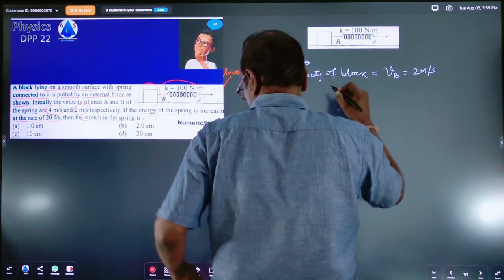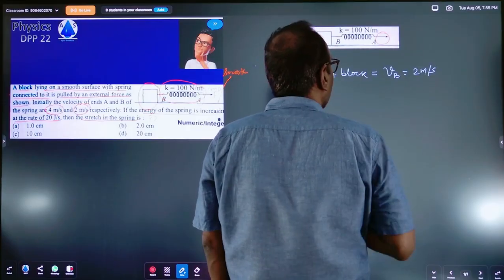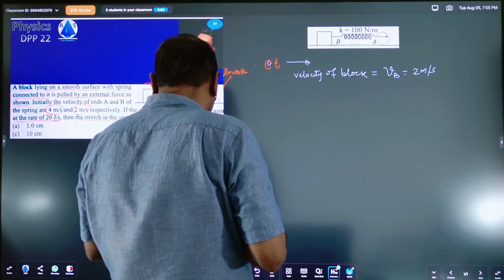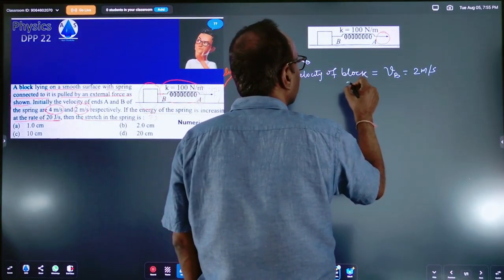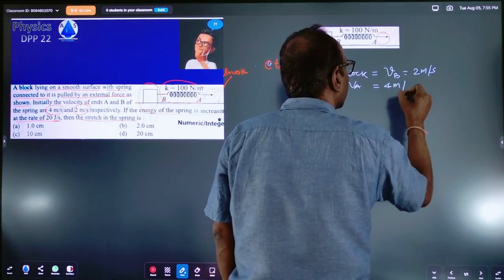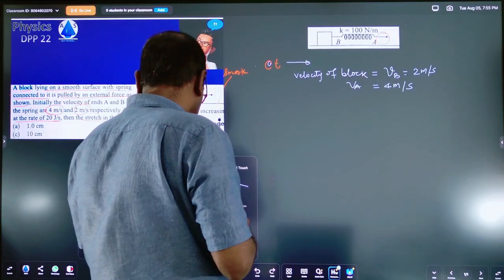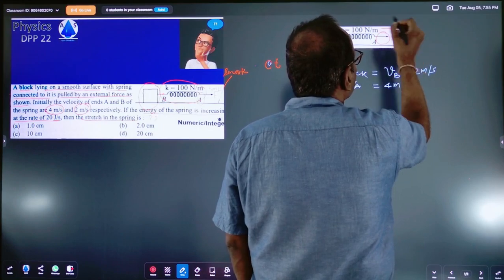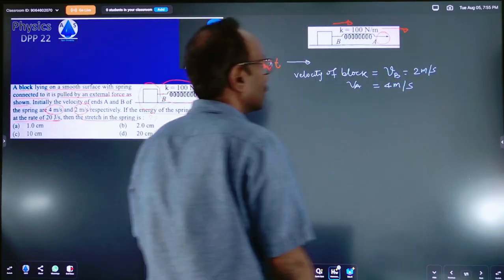At point A, the external force is applied, and the velocity of point A, VA, is given in the question as 4 meter per second. So it means point A is moving faster than point B in this direction.